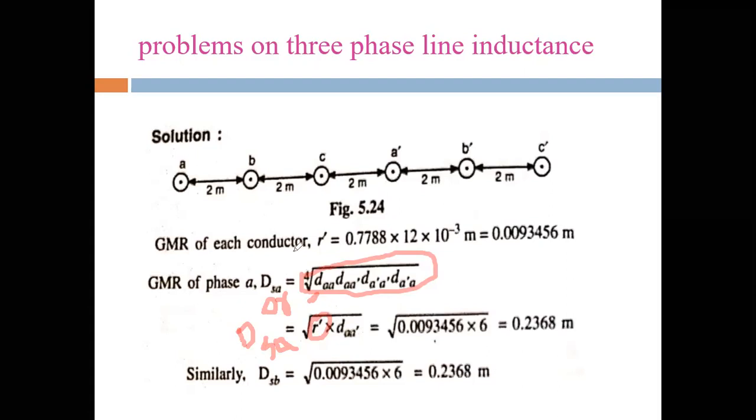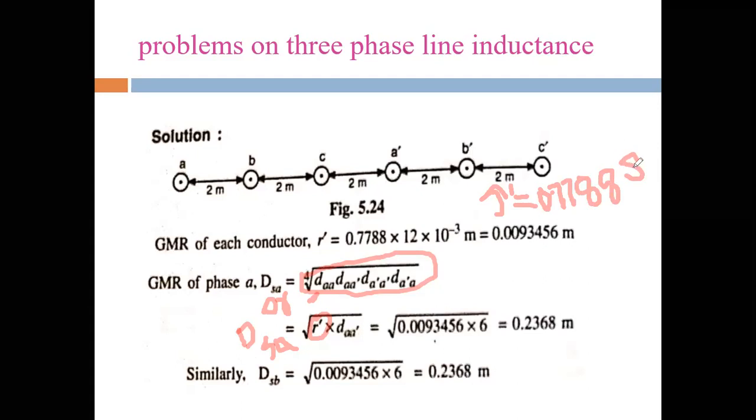What is the formula for r dash? r dash is the self GMR, the geometrical mean radius. r dash is equal to 0.7788 times r.